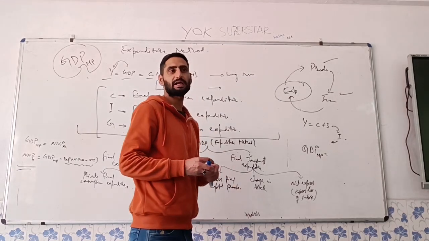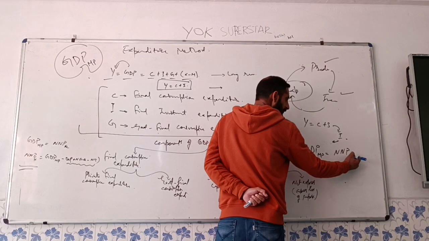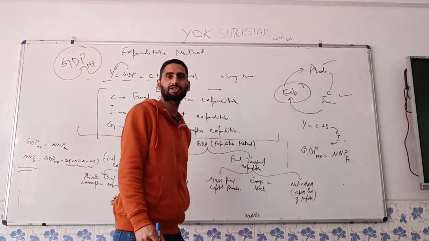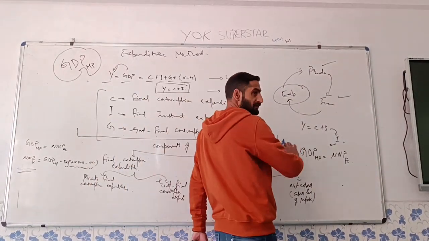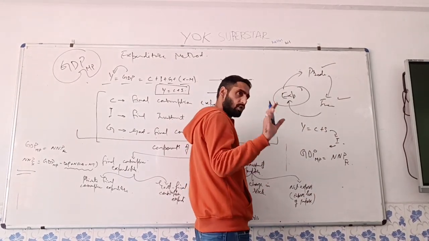But our ultimate aim every time is to reach at net national product at factor cost, which is also called national income. So the difference between the two, when we put into the numerical form, we have to use it in the numerical as a formula.